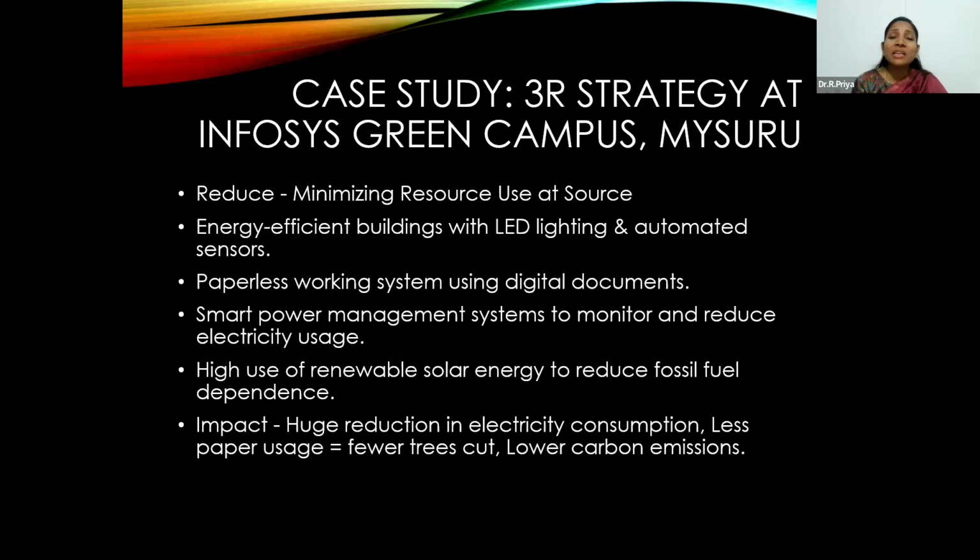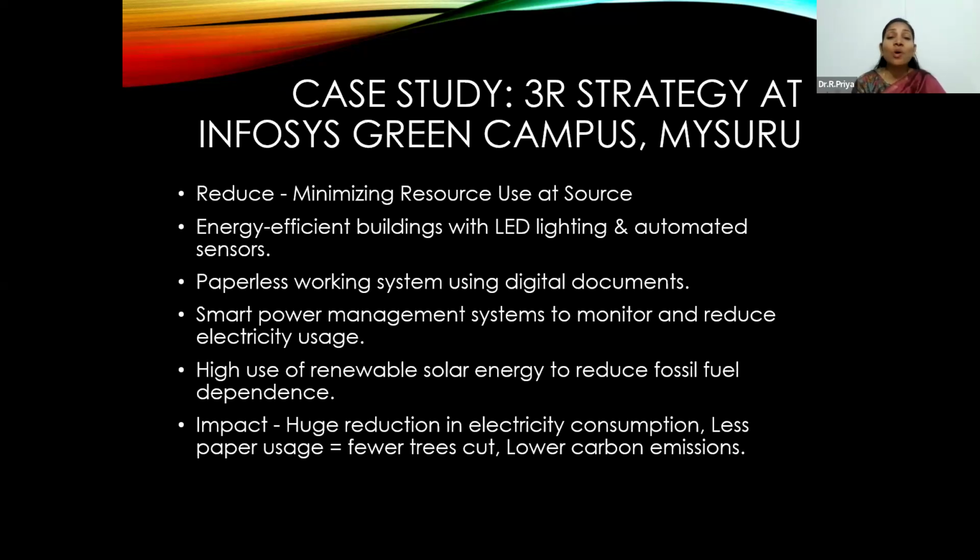It's minimizing resource use at source. What are the actions taken here? First action is energy efficient buildings with LED lighting and automated sensors in the Mysore campus. These are the actions taken by Infosys.